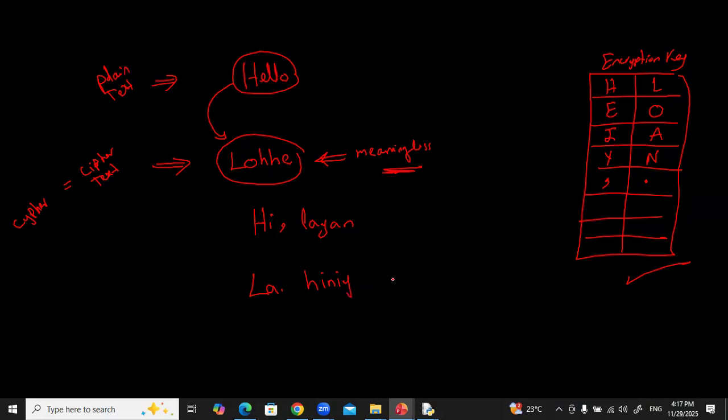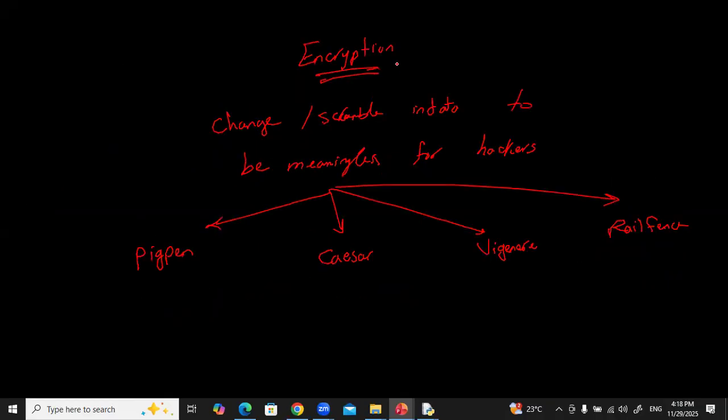We didn't understand anything, it is meaningless again. So this is the plain text, and this is the cipher text. This is what we do in encryption. So what is encryption? It is changing or scrambling data to be meaningless.